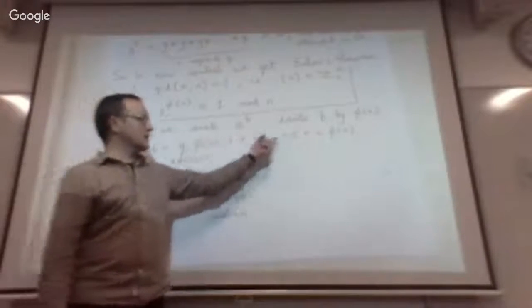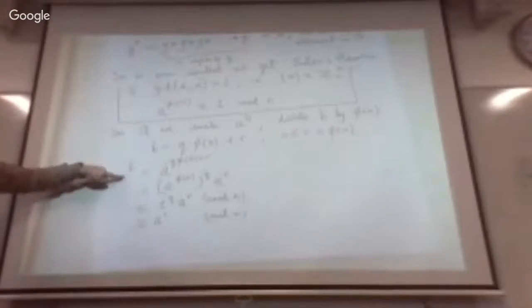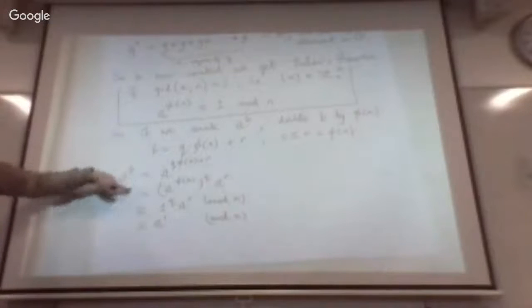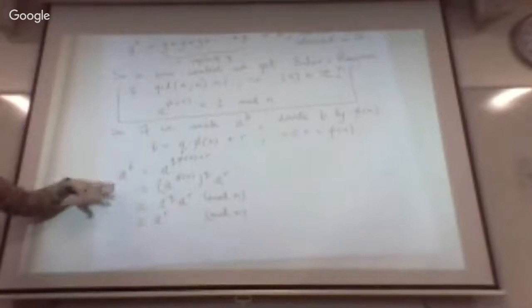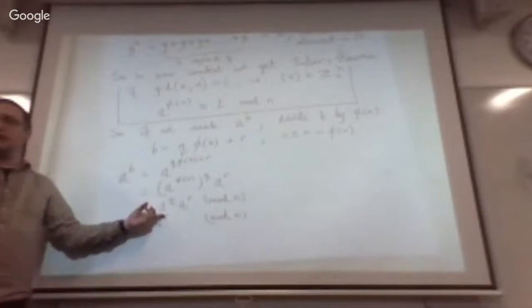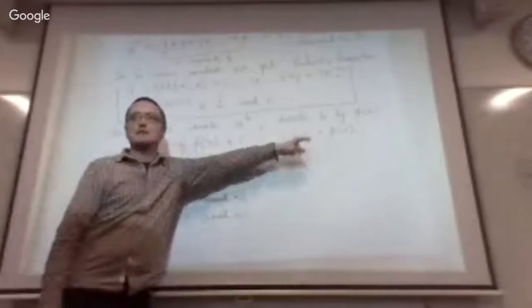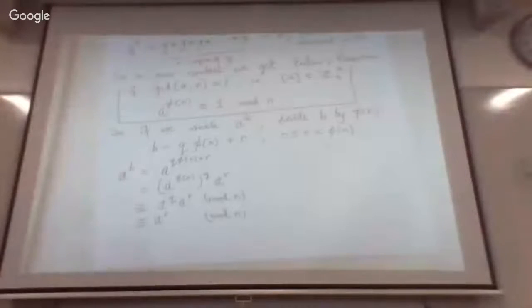And that remainder cannot get any worse than phi of n minus 1. So instead of dealing with the potentially unmanageably large integer a to the power b, I can deal with the much better one, a to the power r. Okay? r can only get so bad. Whereas b could be arbitrarily bad at the start.